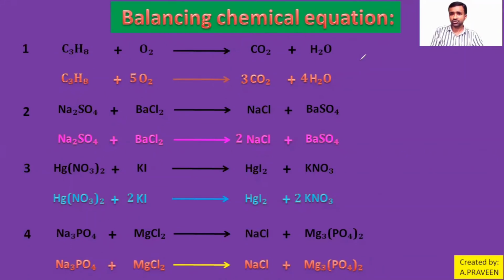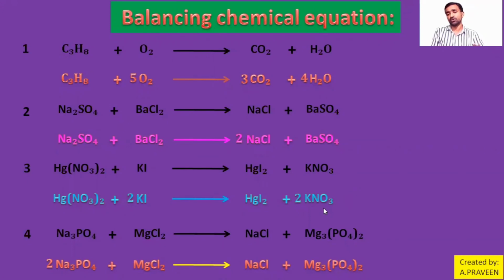Then I'll choose a digit to put as a coefficient before Na3PO4. What is that coefficient? On the right side PO4 is given twice. That is what I select as the coefficient before Na3PO4 on the LHS side. When I put the coefficient 2 here, what happens?